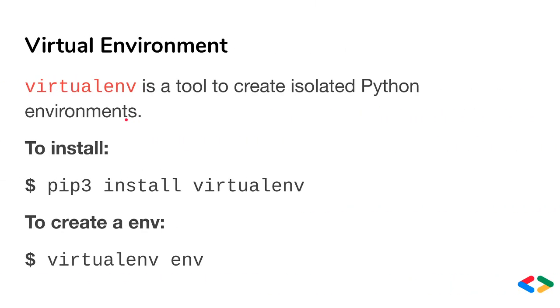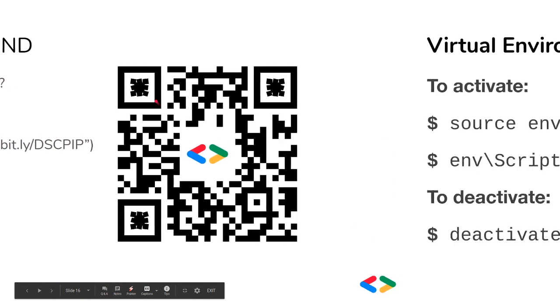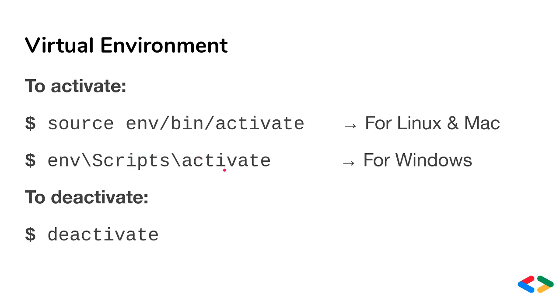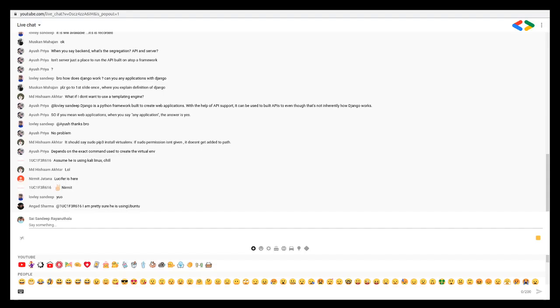Whatever name you give over here. Suppose you give venv, then it will be source venv/bin/activate, or venv/scripts/activate.